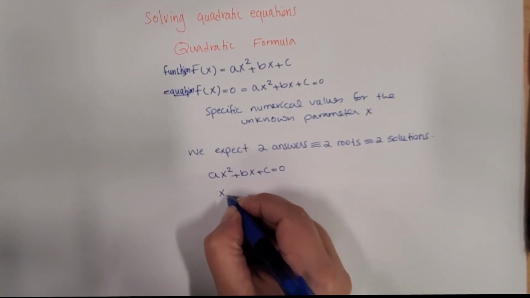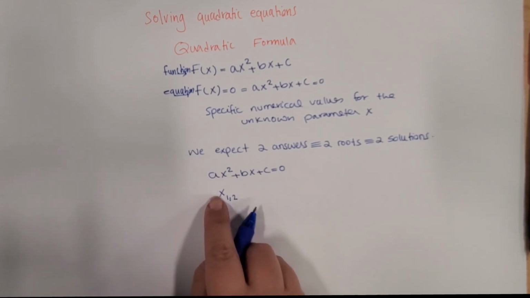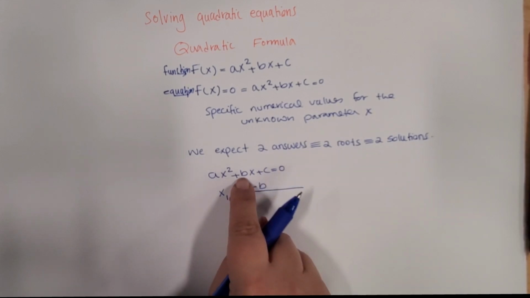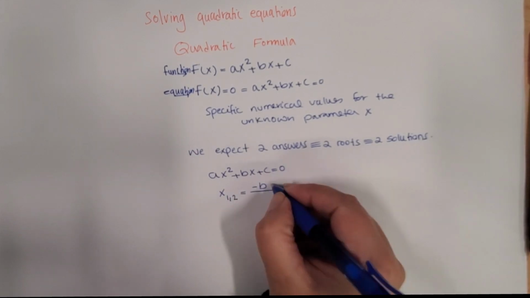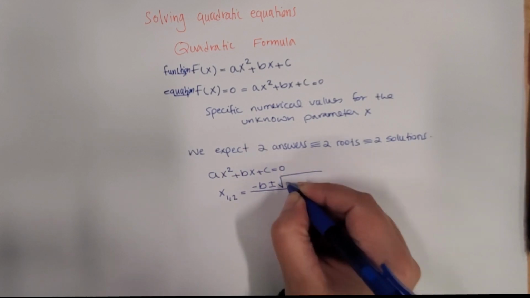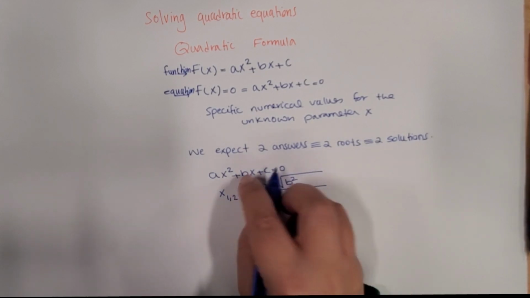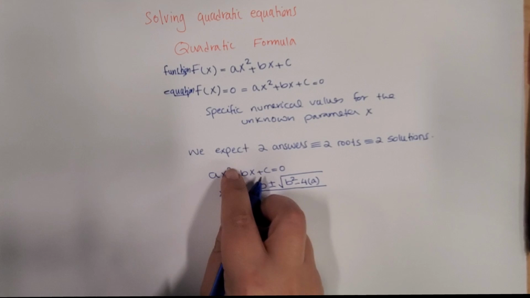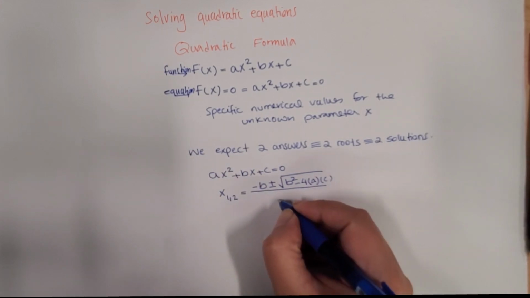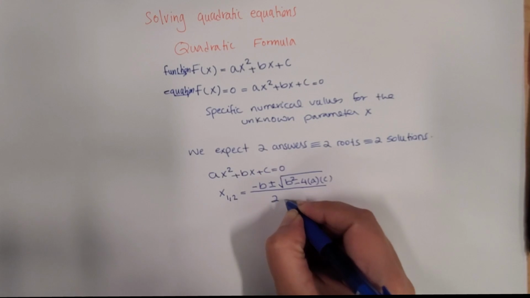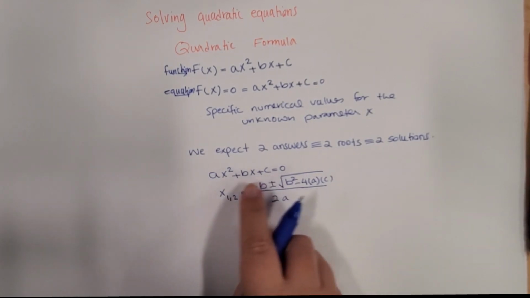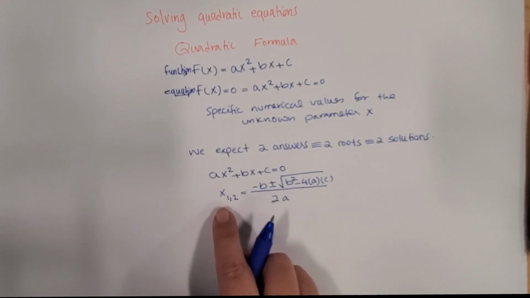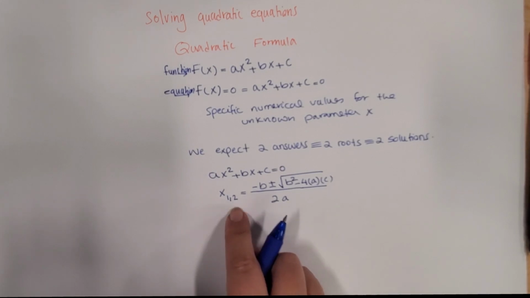And then in order to find the roots, because we have two roots, x1 and 2 equals minus b, which is the coefficient of x, plus and minus the square root of b squared, the coefficient of x to the power 2, minus 4 times a, which is the coefficient of x2, and c, which is a constant, over 2 times a. Okay, so if you substitute all the values in this formula, you would get two separate values for the roots, x1 and x2.